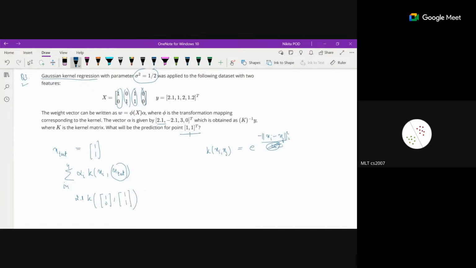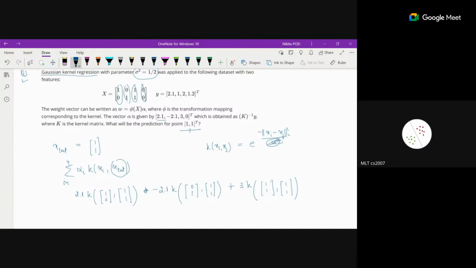Plus minus 2.1, so this is minus 2.1 k of 0 1 comma 1 1. Then plus 3 times k of 1 1 comma 1 1, plus 0 times, so we can just ignore it.